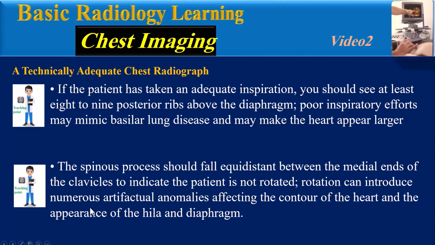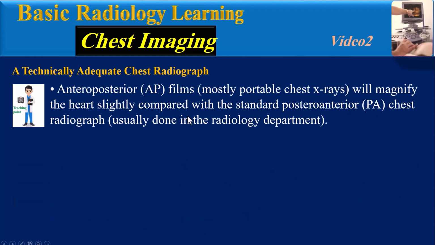Rotation can introduce numerous artifactual anomalies affecting the contour of the heart and the appearance of the hila and diaphragm. Anteroposterior films, mostly portable chest X-rays, will magnify the heart slightly compared with the standard posteroanterior chest radiograph, which is usually done in the radiology department.